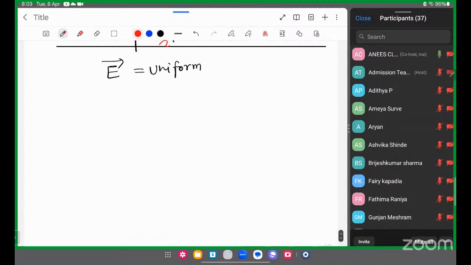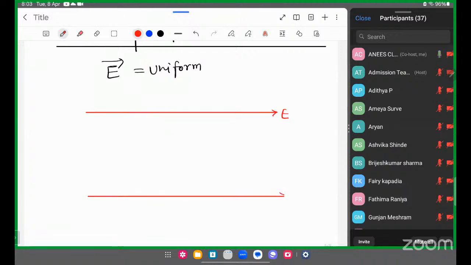So the question is like this: we have a uniform electric field E, and let's say there is a dipole with dipole moment P in the direction negative to positive, and it makes a certain angle with electric field E. Let's say this angle is theta 1, or the initial angle.